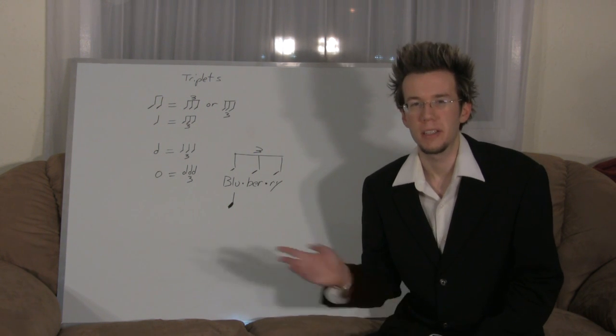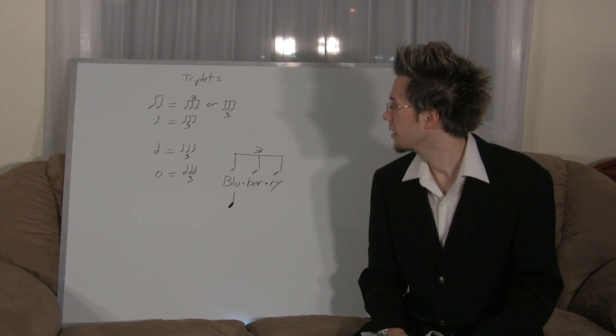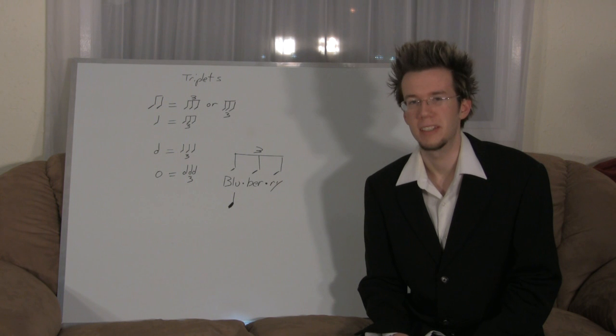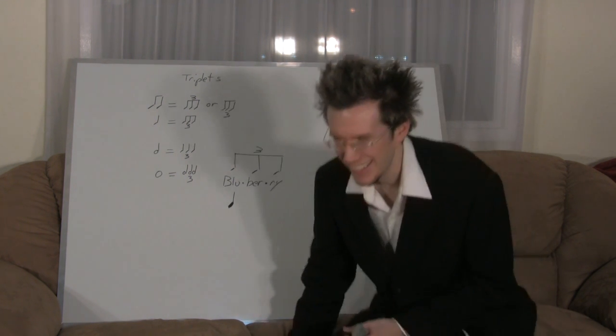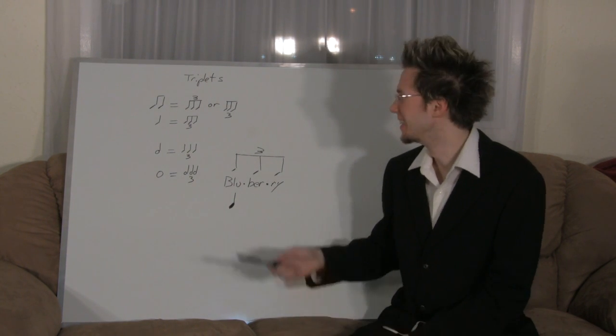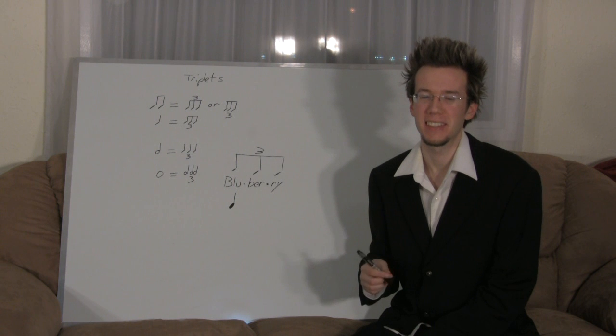Now these are another rhythmic thing that you can use, and I guess I kind of lied, didn't I? I said that dots were the only thing that you would have to learn. Sorry. Okay, so triplets are the next thing.